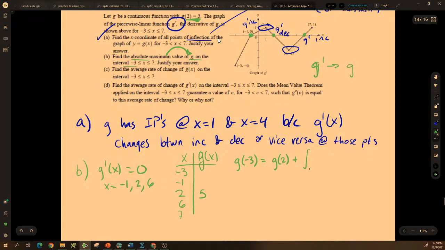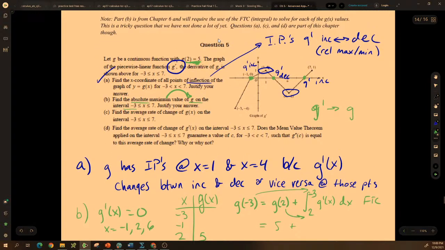So plus the integral from 2 to -3 of g prime of x dx. This is that FTC.